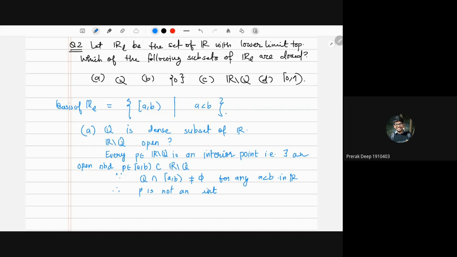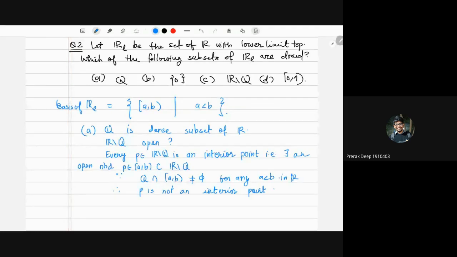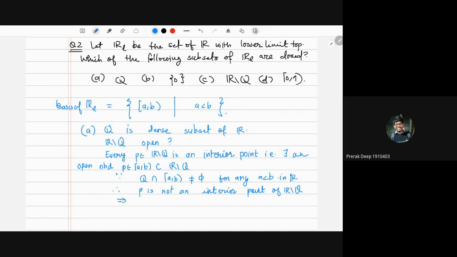So p is not an interior point of the set of irrationals, and this implies that Q is not open in R_L. Is this argument clear to all of you?